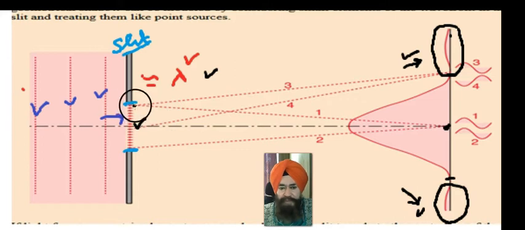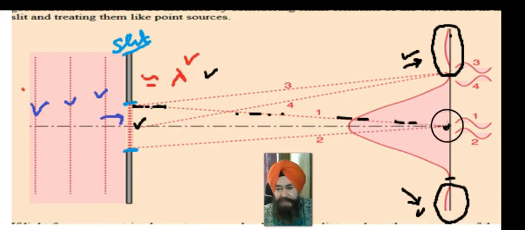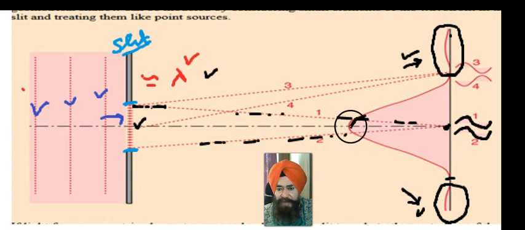Because the wavelets which are reaching here through beam number 1, and the wavelets which are reaching here through beam number 2, are in the same phase. Meaning crest on crest and trough on trough. That means maximum intensity.